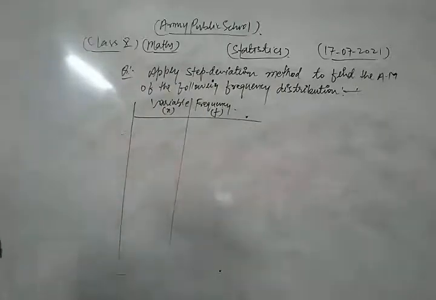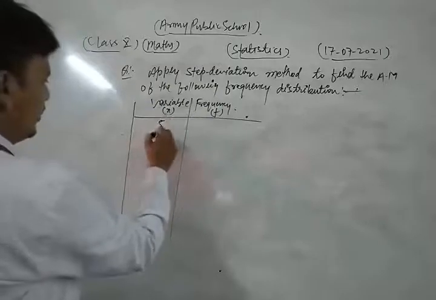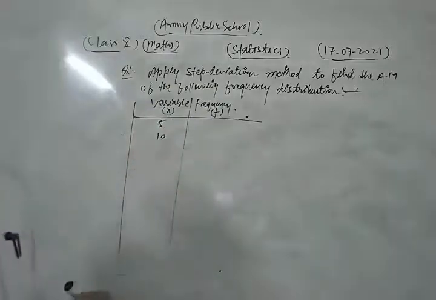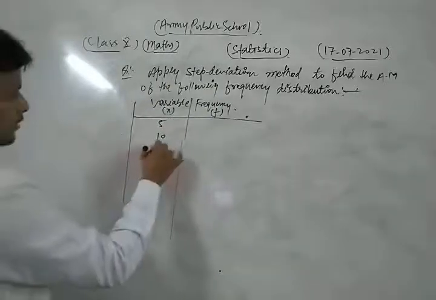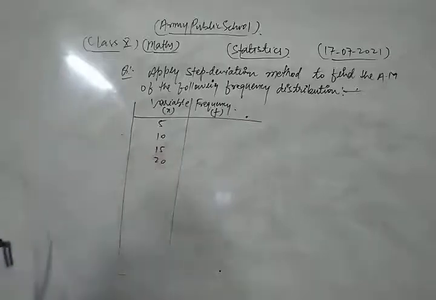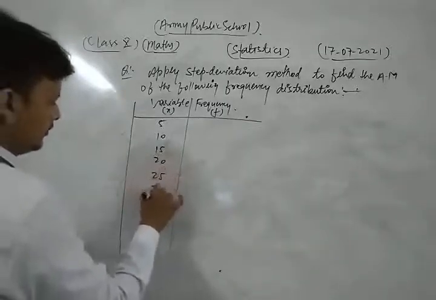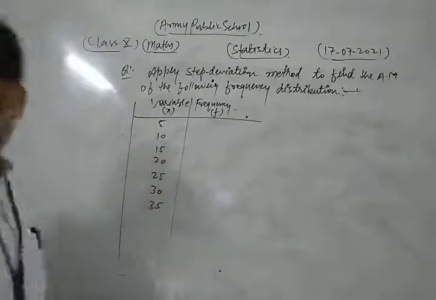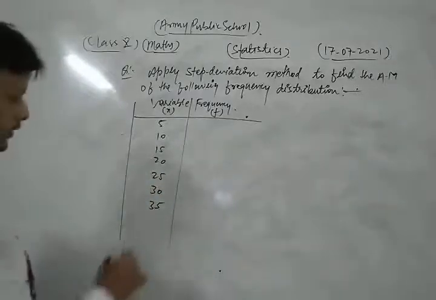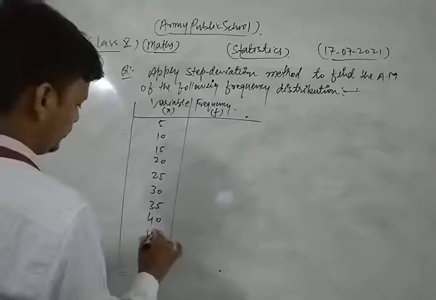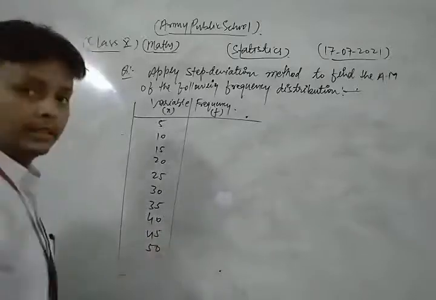The variable x is 5, 10, 15, 20, 25, 30, 35, 40, 45 and 50.